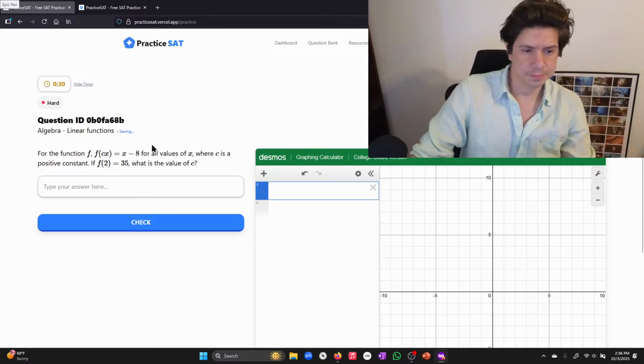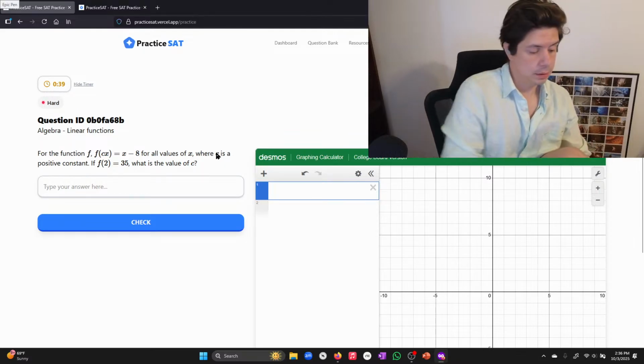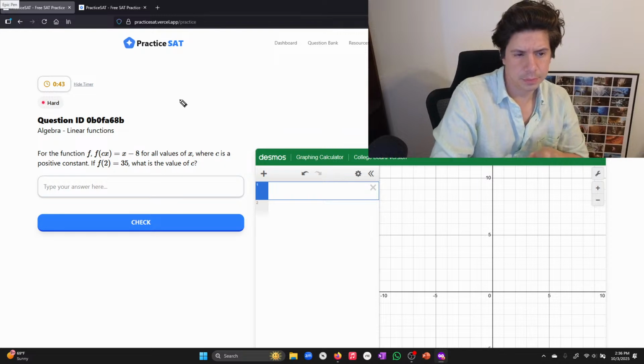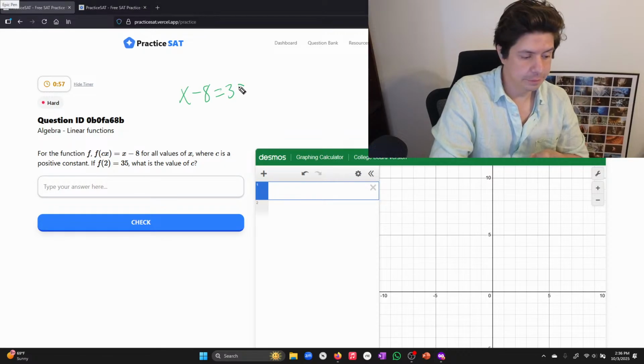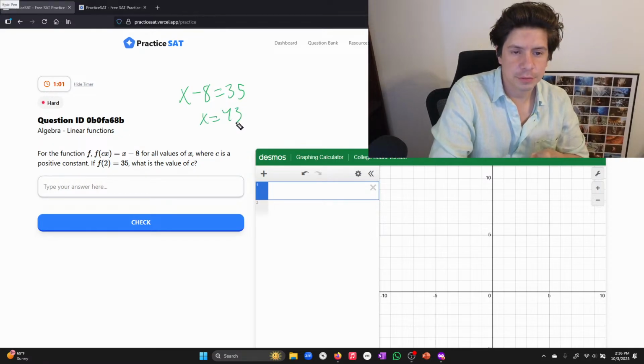So f of some value times x equals that. So what we'll say is x minus 8 equals 35. x would equal 43.